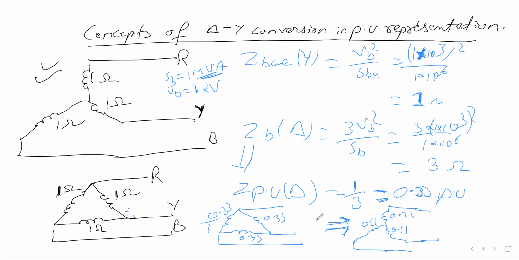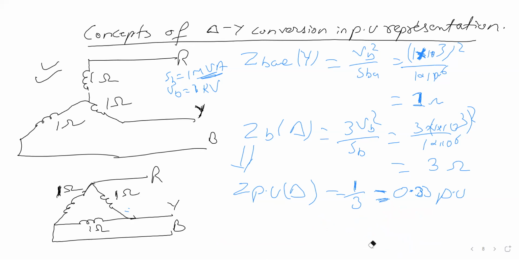But in the starting only I have told that this concept is wrong. Whenever we are converting delta to star in per unit, these values would be the same. It will not follow the similar pattern that we were used to following in actual quantities, so this would not be valid.